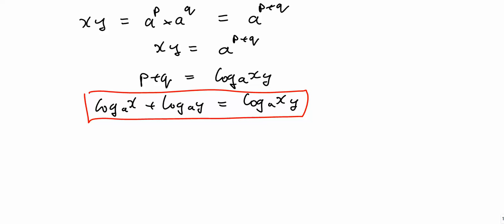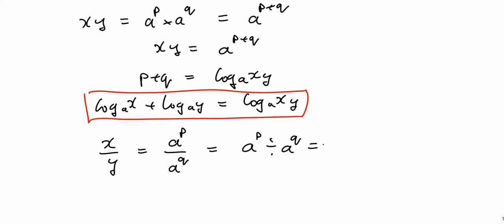Now, in a similar way, we can write x divided by y as a to the power of p divided by a to the power of q, because x is a to the power of p and y is a to the power of q. We use the subtraction rule in indices to write that as a to the p minus q.